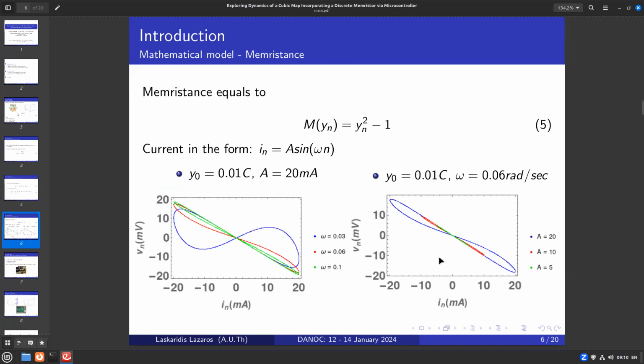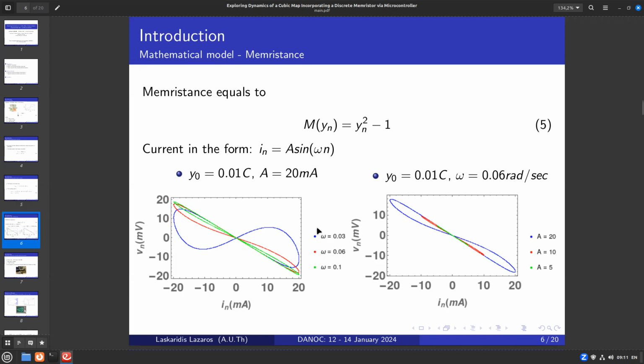But in order to verify that this memristance, y square minus 1, is an appropriate memristance, we have to give a current in the form of a sine wave, and then plot the characteristic curve for different frequencies.